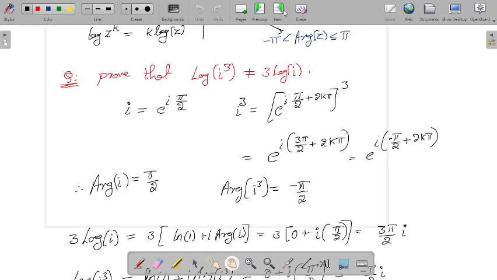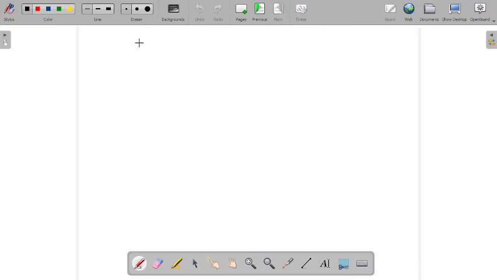Now let us try to express sin z in terms of x and y, as a function u of x comma y and v of x comma y. So here let me write sin of z, which is nothing but sine of x plus iy. Using the sin a plus b formula, sin a cos b plus cos a sin b, I can write it as sin x into cos of iy plus cos x into sine of iy.